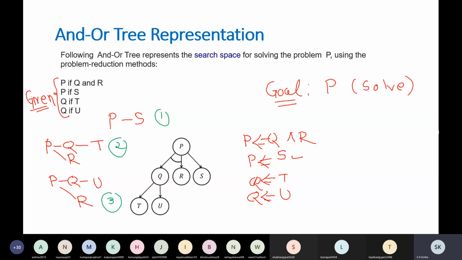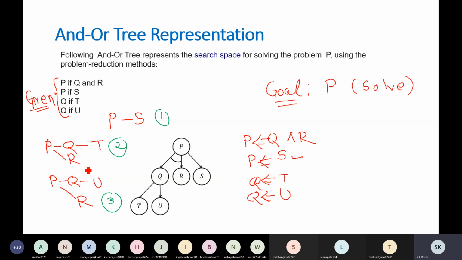The change is, in previous algorithms, the solution was a simple path from one node to the other node. If it's an AND-OR graph search or problem reduction search, your solution will be a tree, because there are AND type of arcs also.